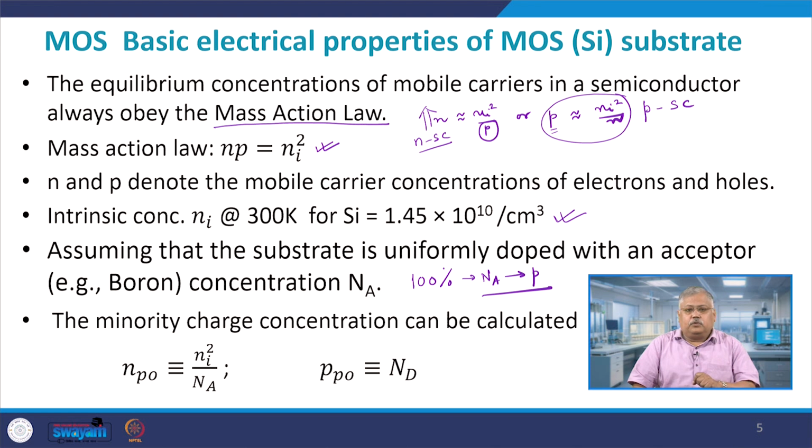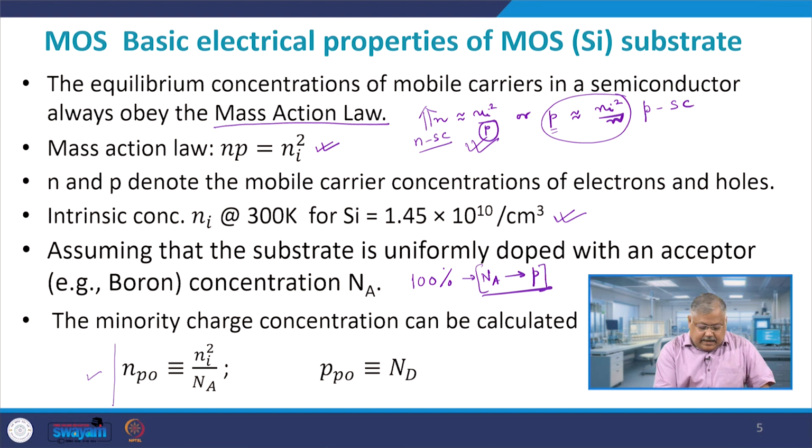Now, if this is true, let us come to the last statement of this slide, which tells me that np0 equals ni square by Na, which means that np0 is basically the minority charge concentration if it is a P type element. If I assume 100% ionization, then all my Na will be equal to p, and therefore, in this expression I am replacing p by Na.